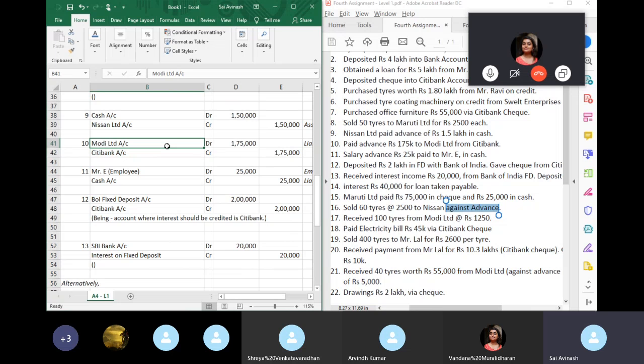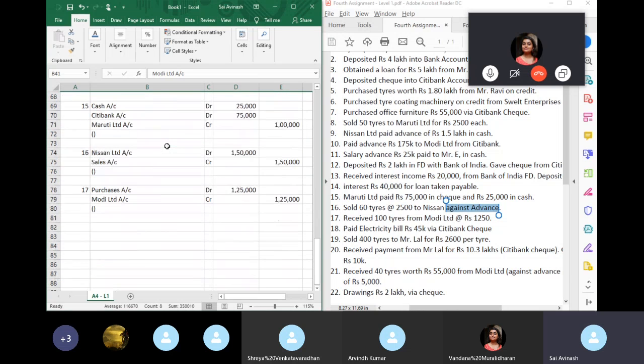I might have ordered for 5 lakh rupees. Okay, we don't need that information either. The fact is, I paid him 1,75,000 as an advance, right? So now they're giving me maybe the first installment, right? Out of the 5 lakhs that I ordered, they have got 1,25,000 worth of tires ready. They're giving it to me. So I'm making that purchase and they're delivering those 100 tires now.